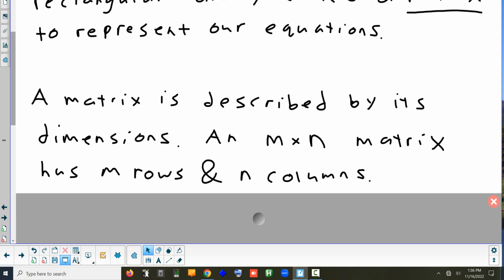So for example, if you told me that you had a matrix that was 2 by 3, that means your matrix has 2 rows, 3 columns. It would look like this. That's an example of 2 rows, 3 columns.